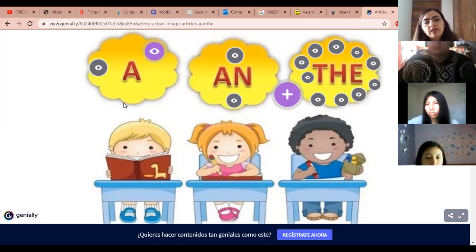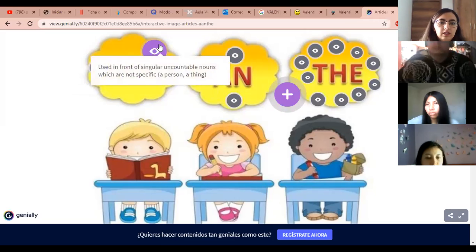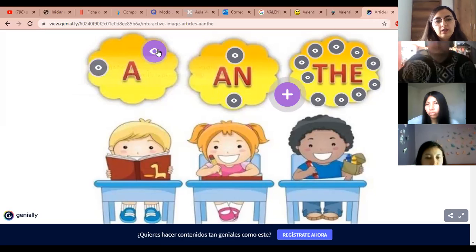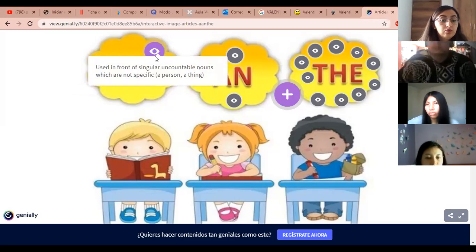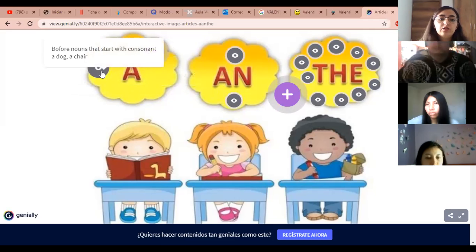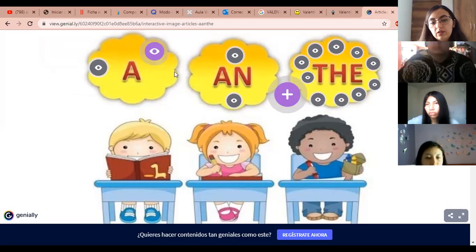Exactly. When the next word starts with a consonant. Here it is. It's used in front of singular countable nouns, which are not specific and start with a consonant. Before a noun that starts with a consonant, a dog, a chair.